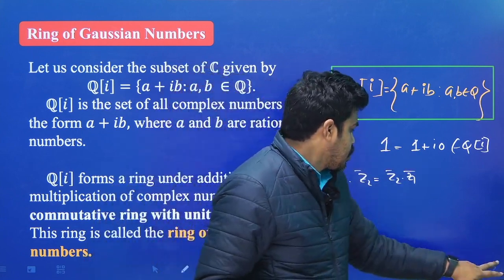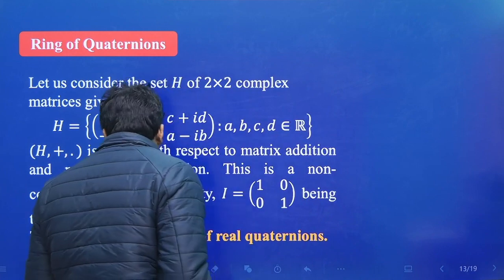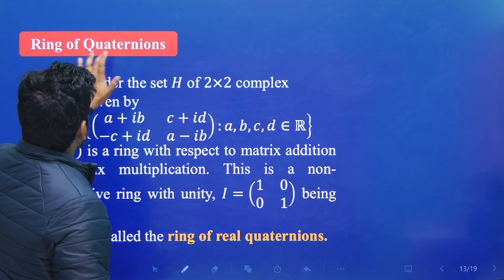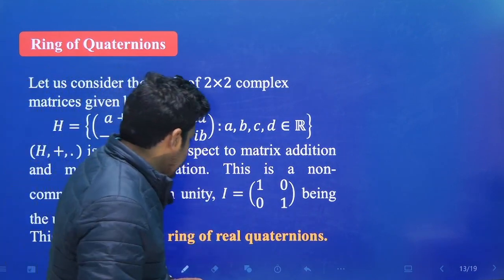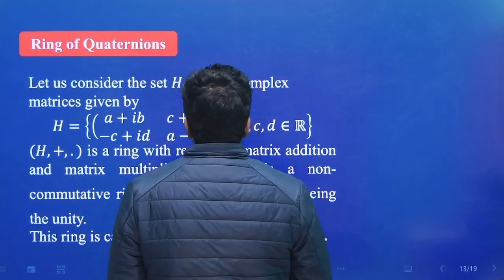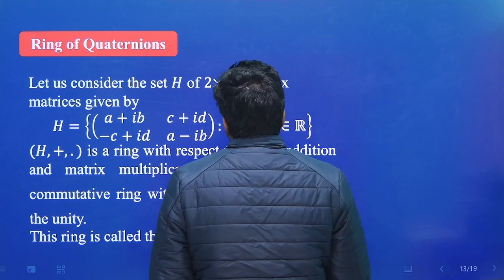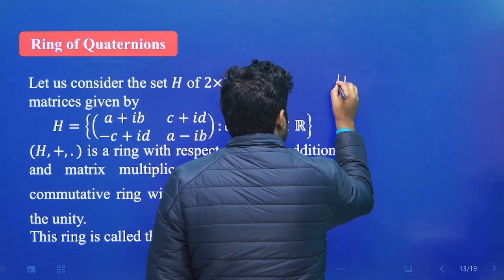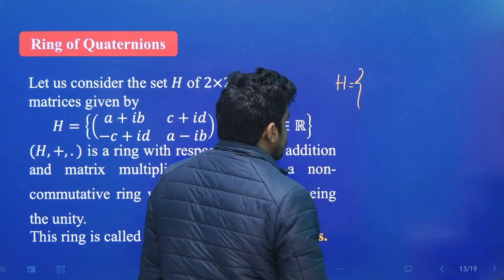Okay? So next, it is a very very important section, that is ring of quaternions. Ring of quaternions, just see, I will consider a matrix of complex numbers, 2 cross 2, note this, right?